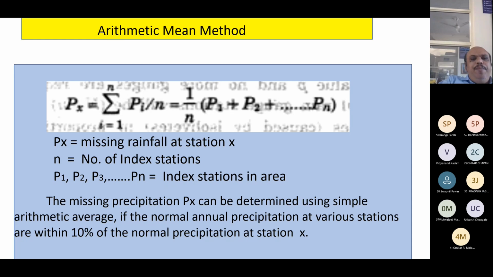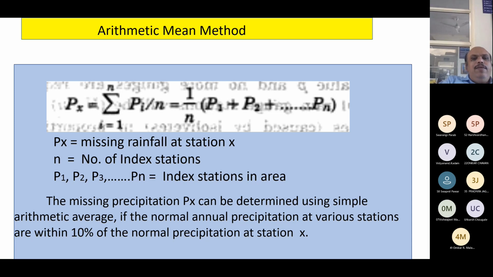So here what is Pi? Pi is summation of precipitation values at index stations, and n is number of index stations. So formula is summation of Pi upon n, where value of i varies from 1 to n.